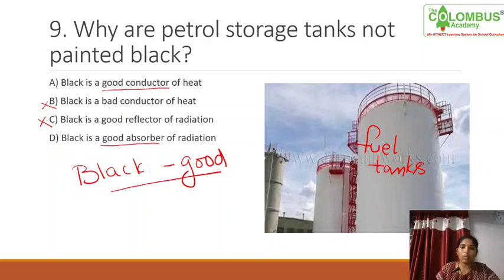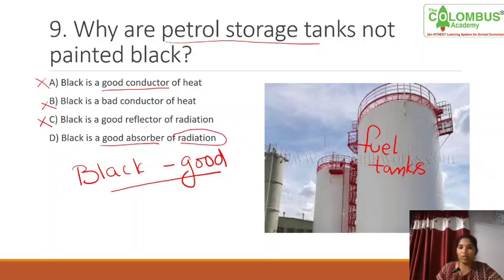Here, good conductor of heat, good absorber of radiation. From the point of view of petrol storage tanks, obviously we will not supply heat to the storage tanks, so that option will not be valid. Now check this option: black is a good absorber of radiation.